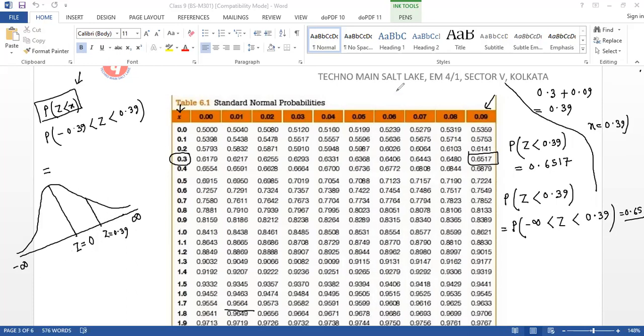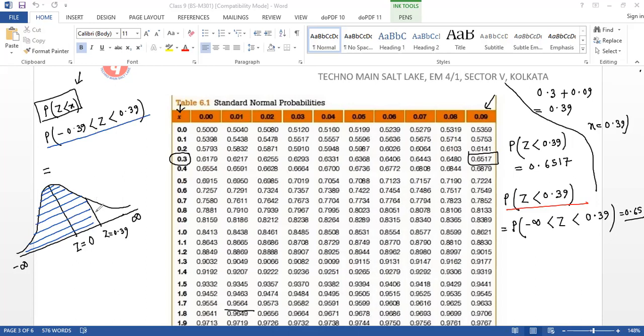So according to what we have written over here, we know that the area of this portion is actually given to us. Now what we actually need is this probability.